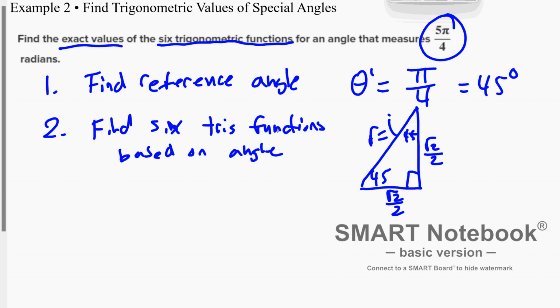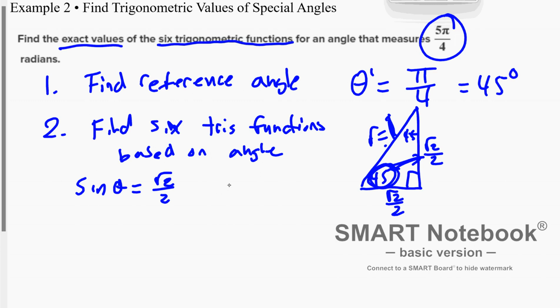So sine of theta, it's a 45. Sine is opposite over hypotenuse, or just your y value, because y over r would just be y, because our radius is 1. So we get root 2 over 2.